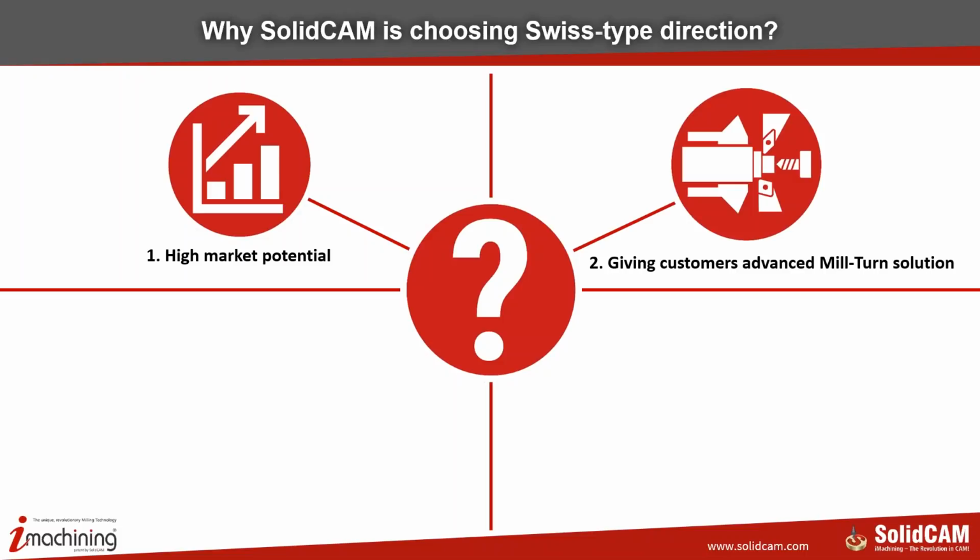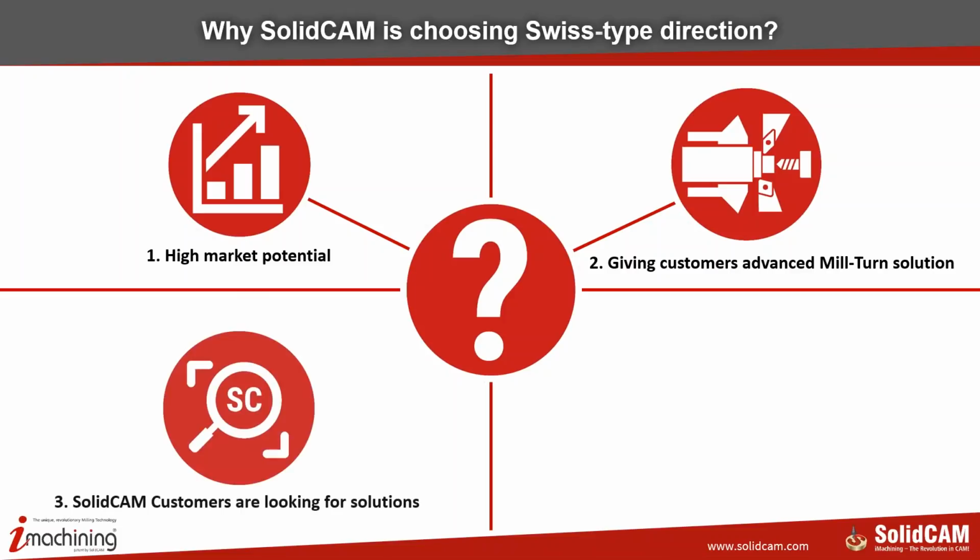Also, besides really giving the support for the Swiss type, it also improves a lot of things in our regular mill turn solution. Okay, so like a complete solution, it's pushed to the higher level basically.